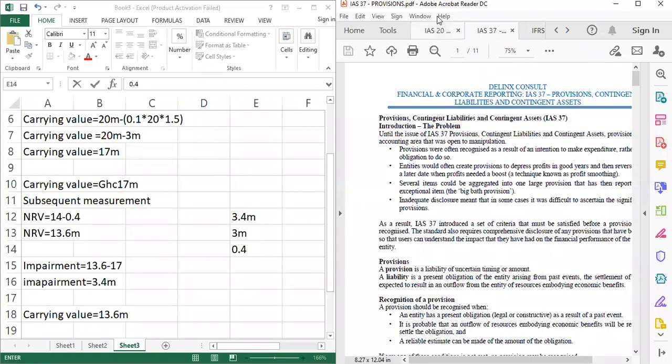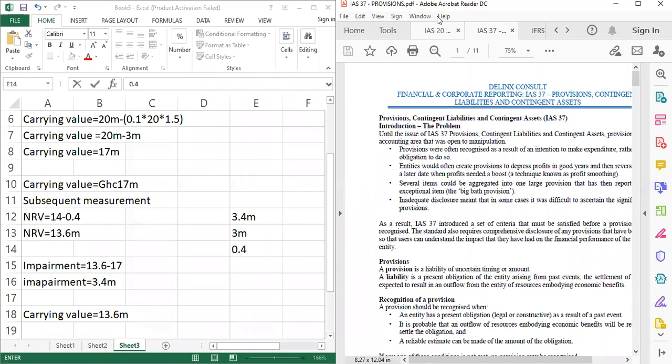The provisions that we are going to talk about today are not the normal provisions that you have been making for bad debts on debtors. We are talking about provision in respect of an event that you are sure is going to happen in the future.